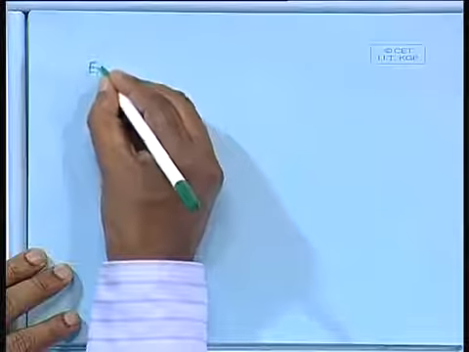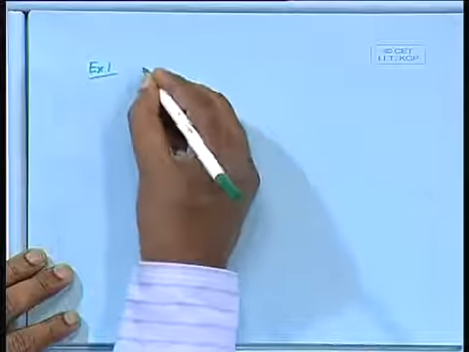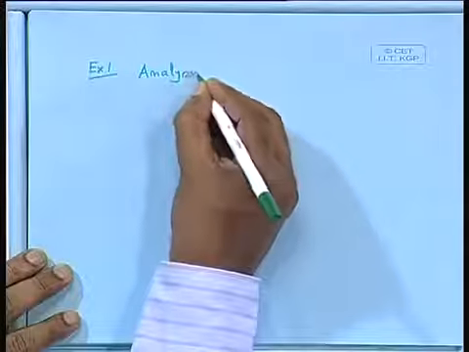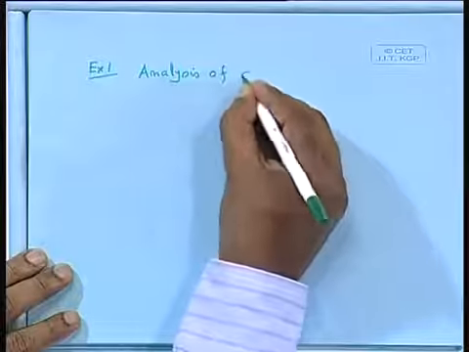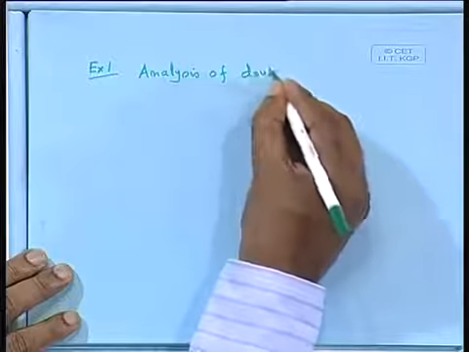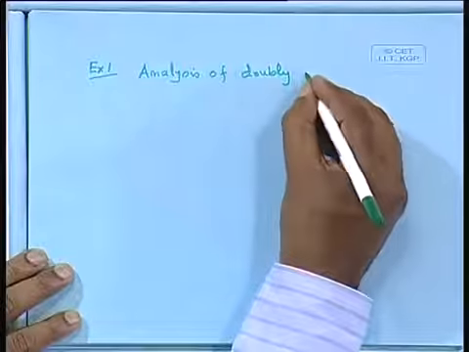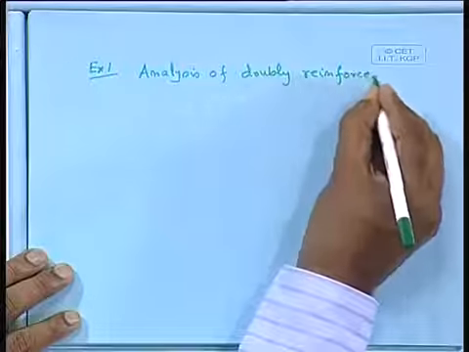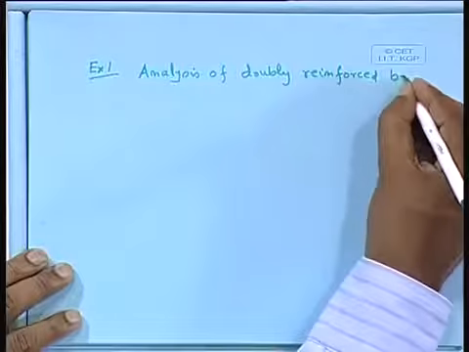Now let us do at least 2 examples if we can manage. Example 1, analysis of doubly reinforced beam.